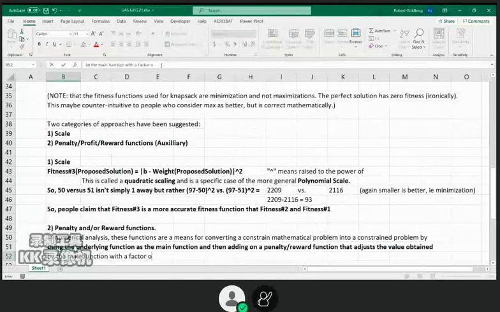with a factor of the distance that the proposed solution is from the constraints.